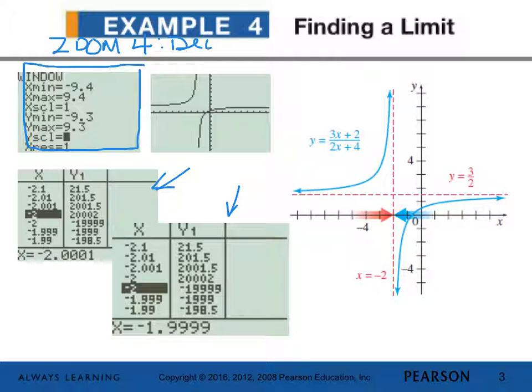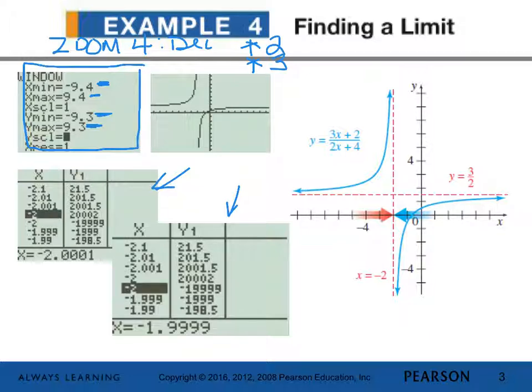And then on that window, I multiplied everything times 2. So it actually originally said negative 4.7 for x min, and I multiplied that by 2 and got negative 9.4, and then positive 4.7 gave me positive 9.4, and then on the y's I multiplied instead by 3. So negative 3.1 times 3 gave me negative 9.3, and 3.1 times 3 gave me 9.3.